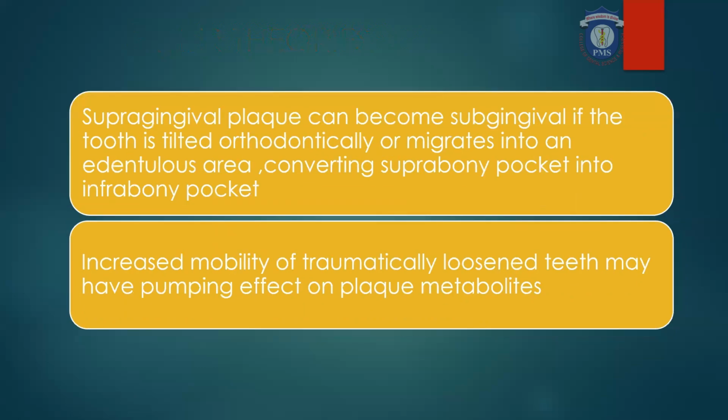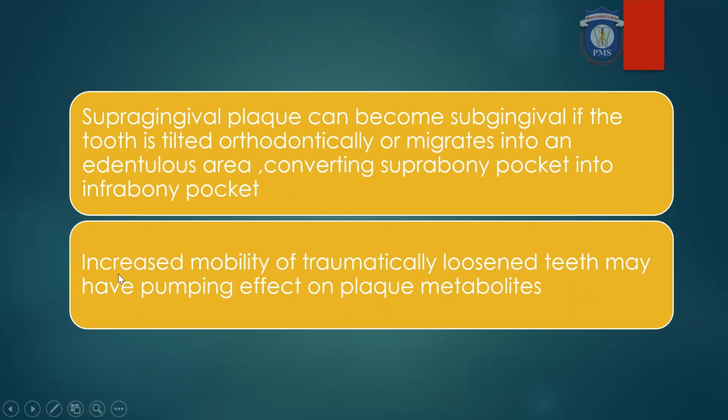Another theory states that supragingival plaque will become subgingival plaque if the tooth is tilted orthodontically or migrates into an edentulous area. In that condition, a suprabony pocket will be converted to an infrabony pocket and there will be progression of periodontal disease. That is also a theory which shows a relationship between trauma from occlusion and periodontal disease.